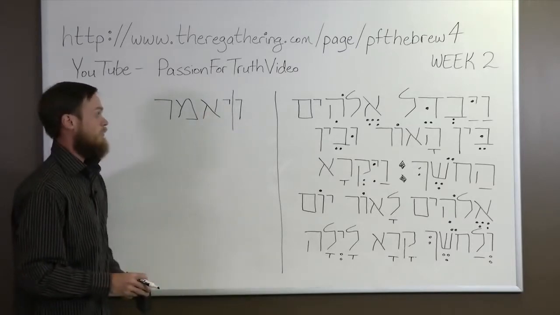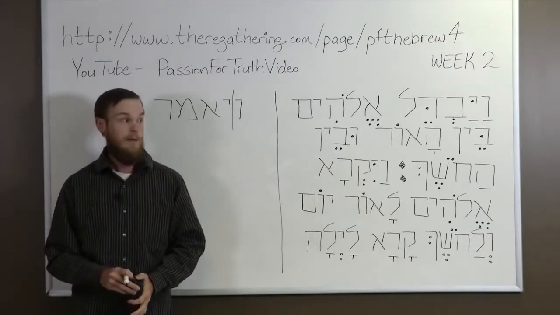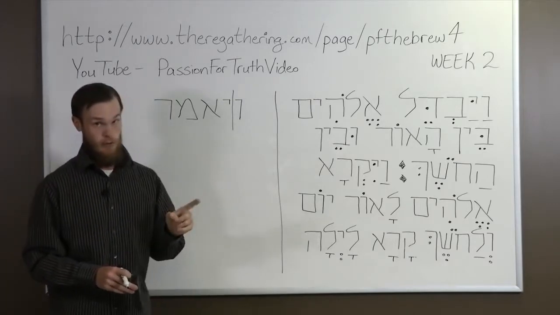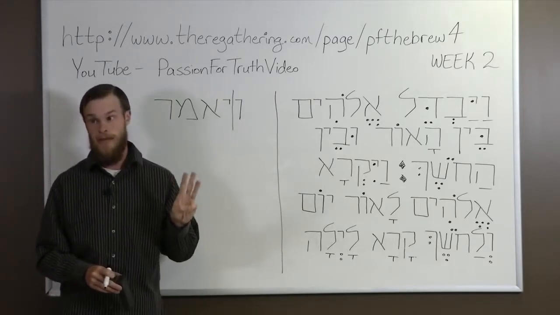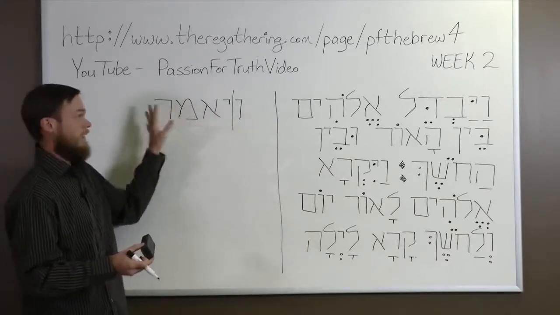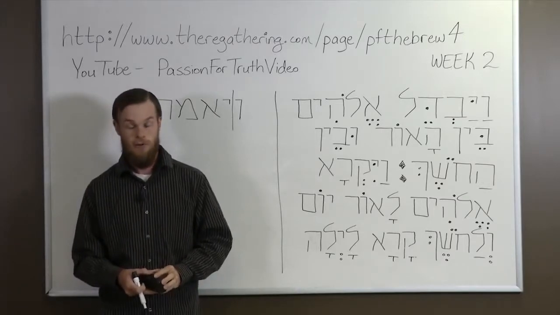This looks like, if you look at your Binyan Pa'al conjugation chart, it looks like the third person future tense, masculine. That yod prefix with nothing else looks like a third person future tense masculine.